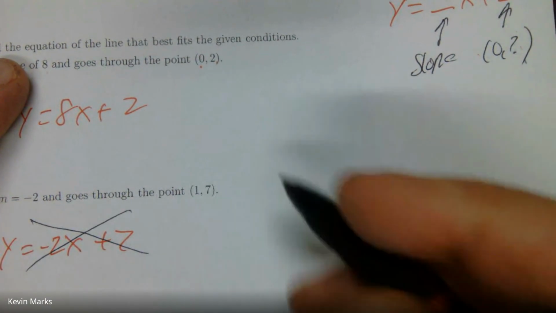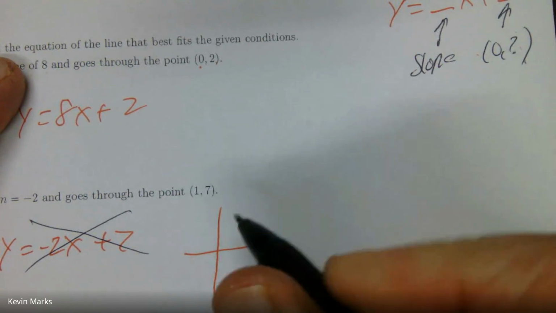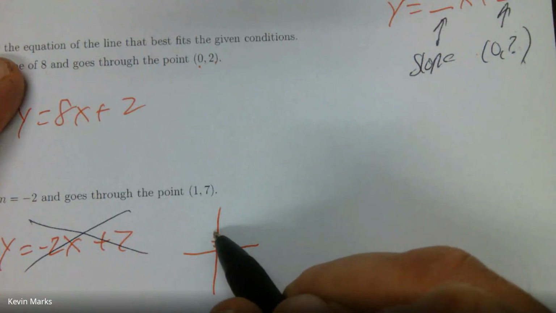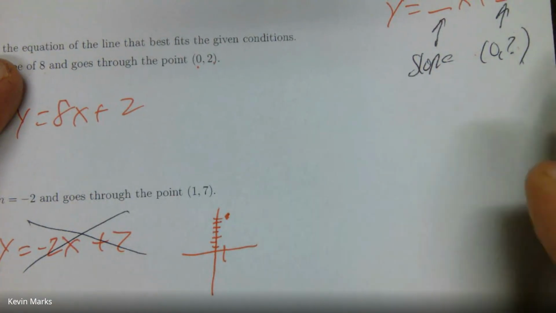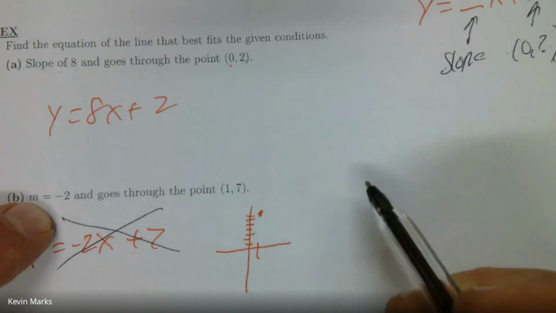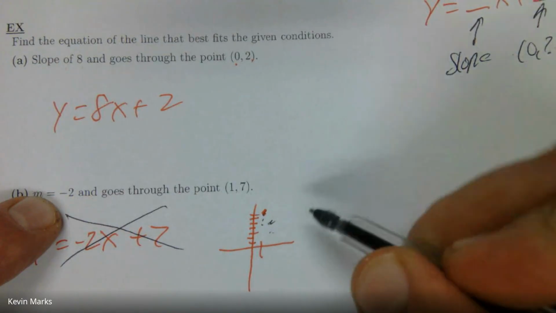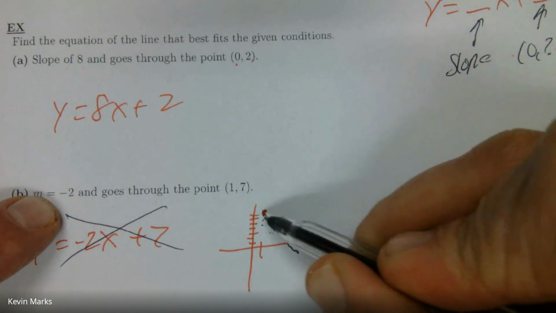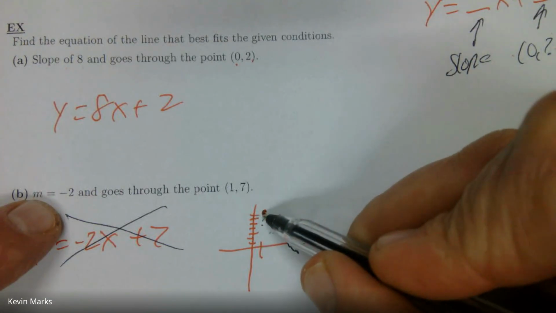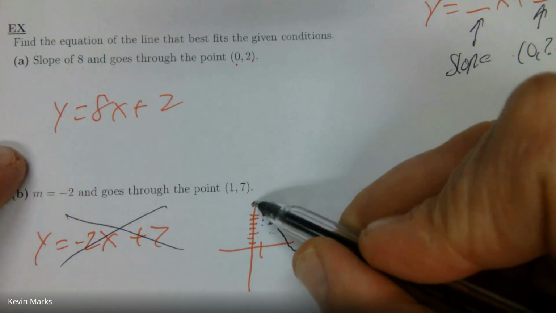Okay. One thing you could do is think about this graphically. The point (1, 7), counting 1, 2, 3, 4, 5, 6, 7, is here. But what is the slope? Slope is -2. That means you'd go down 2, right 1, down 2, right 1, which means it would eventually look like this. But I don't want that. I want over here. So you'd go back by going up 2, left 1.